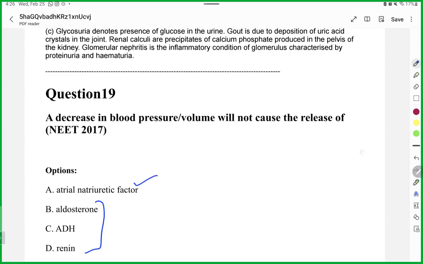You just imagine that all the other three have the same function, except for ANF. It is saying that when BP is decreased, everything will be released except that one. If you confuse it, just remember that ANF's role is opposite to the remaining others. It's supposed to decrease blood pressure, and to increase outflow also.